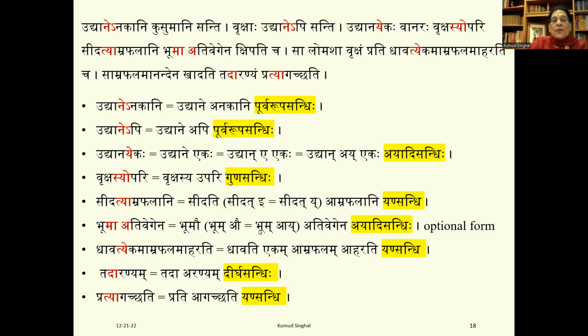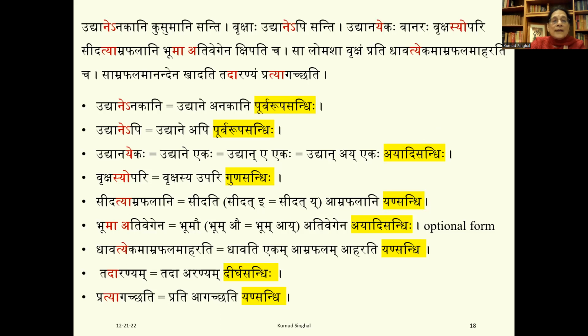So then this au will be replaced by av. And now this is the optional form. So this va is dropped. So it becomes bhuma. So bhumau ativegena, after ayadi sandhi, the optional form will be bhuma ativegena, with speed. Ati means great, vegena is speed. So this is the ayadi sandhi optional form.